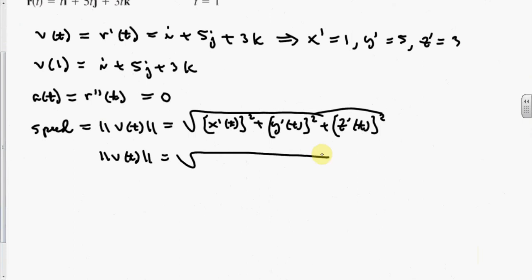That just gives us 1 squared plus 5 squared plus 3 squared. That's the square root of 1 plus 25 plus 9, just the square root of 35. So that's all we do there, right? Just very direct.